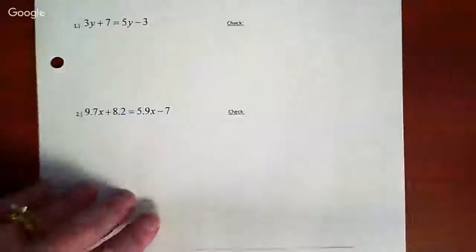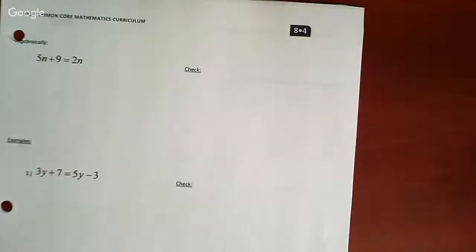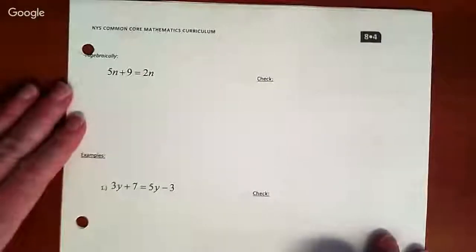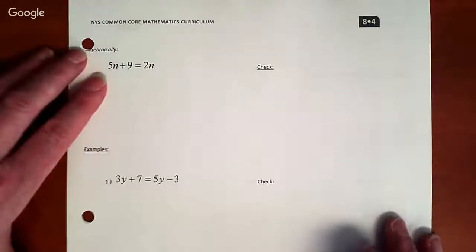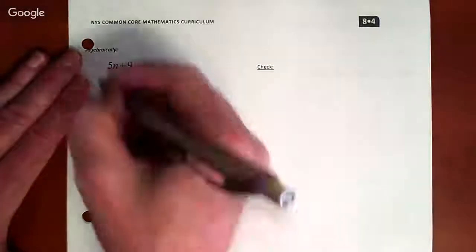Now, to solve it algebraically, what we would do here is, when we look at this, we would subtract 5n from both sides.